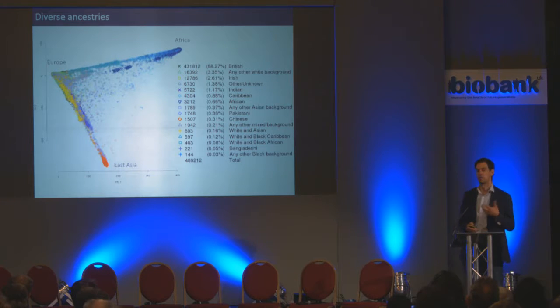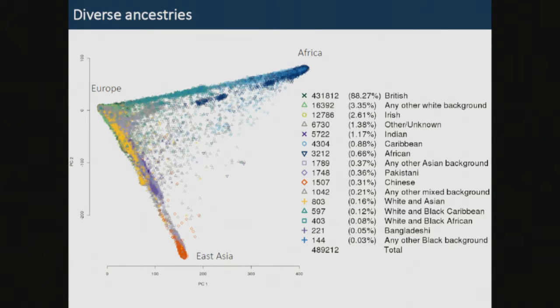One of the most interesting things that we've been looking at from the genetic data is the ancestry that we can uncover. So people's self-reported ancestry, but we can also look at that in a completely agnostic way from the genetic data. What this plot shows, each point on this plot is an individual. They're colored according to their self-reported ancestry here on the right.